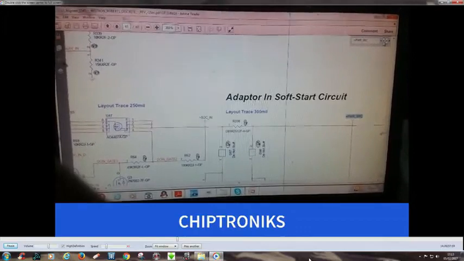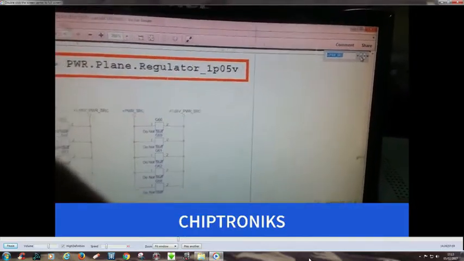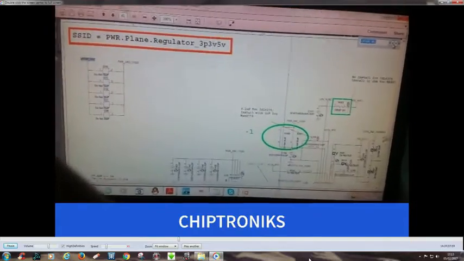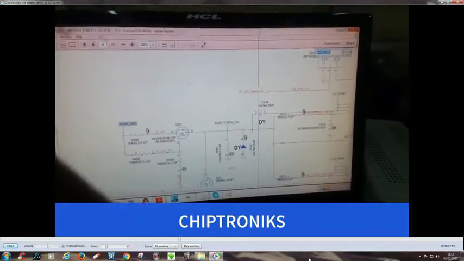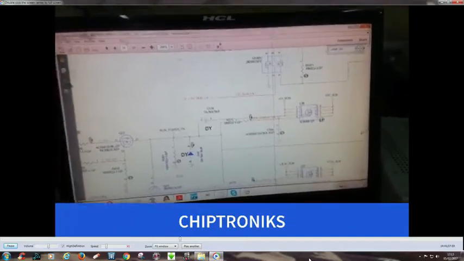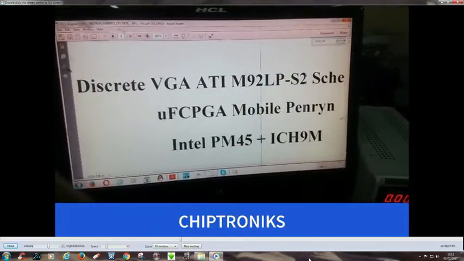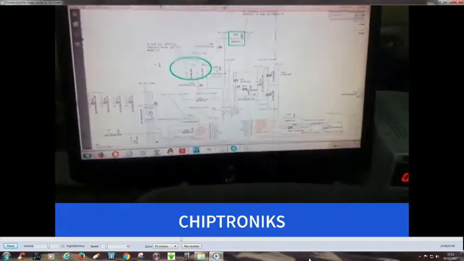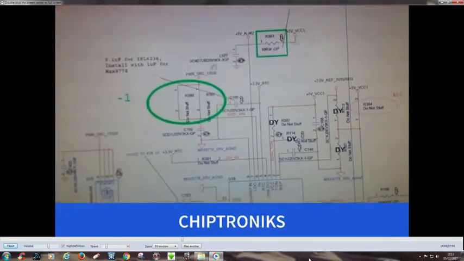We have to check the VCC pin also. Okay, so we had already checked how this PWR SRC 17020 is generated.